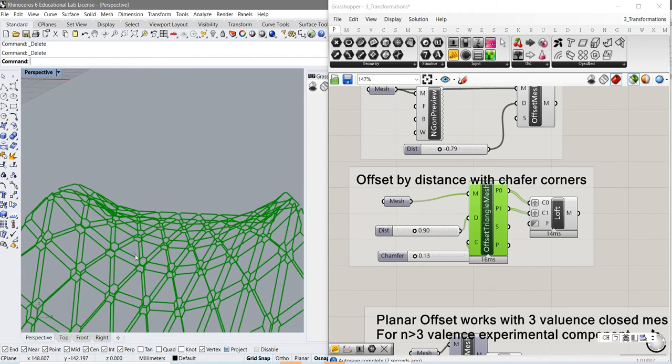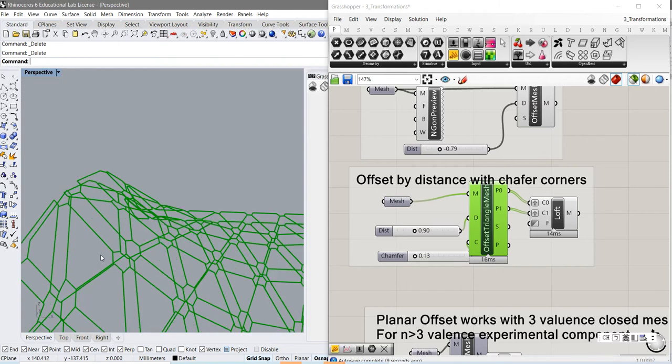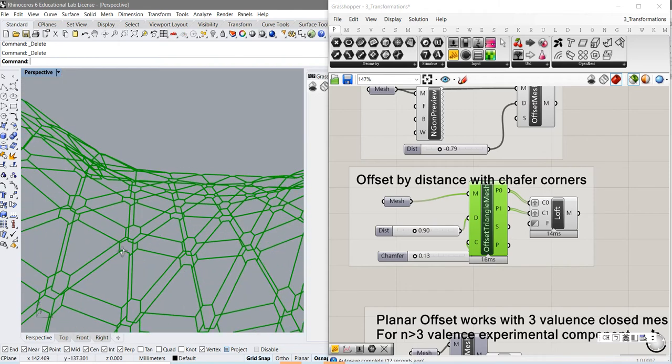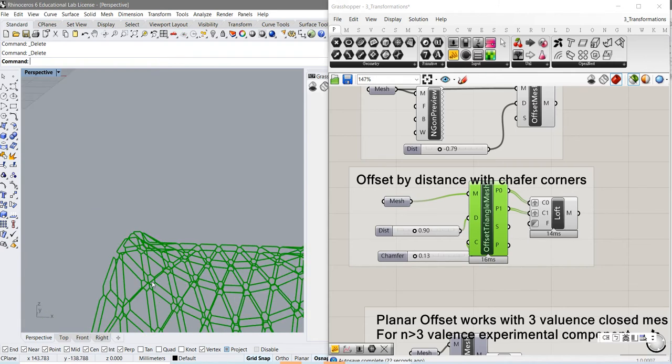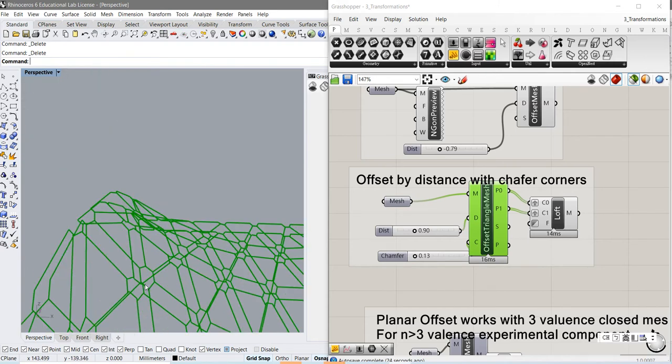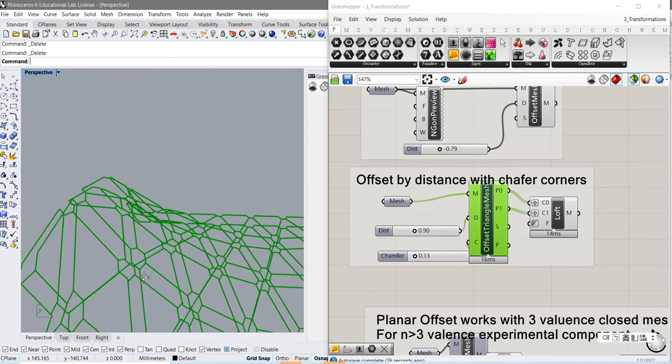You see, for the intersection of these panels, it will be very difficult to construct when you have many surfaces joined together at one vertex. So a reasonable way for fabrication and also construction is to chamfer the corners, and then you have another element to fill this part as a joint.